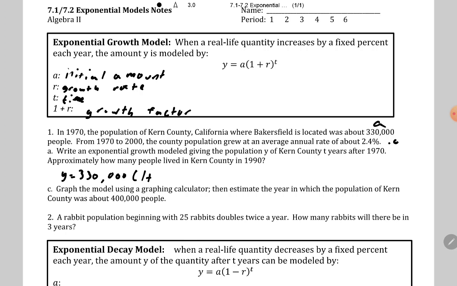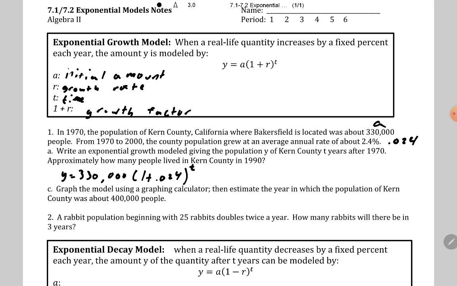So this is going to be 0.024 as a decimal. That means 2.4%. So 1 plus 0.024 to the t. So our formula is 330,000 times (1 plus 0.024) to the t.